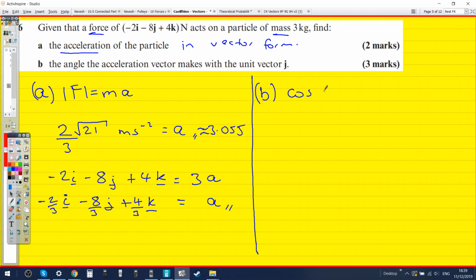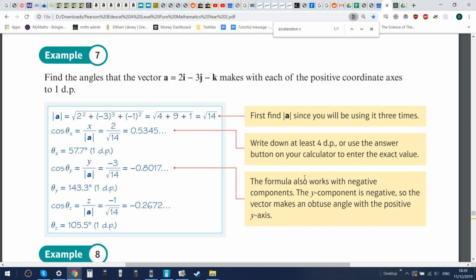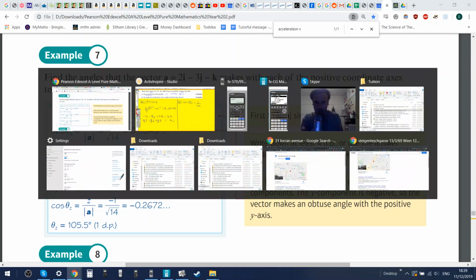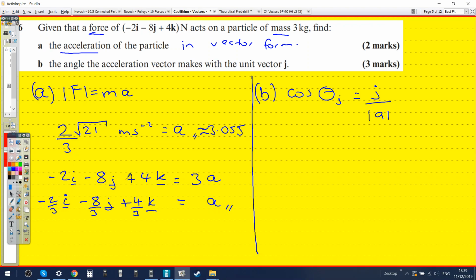So I think it's going to be cos theta of j is equal to j over the magnitude of a. Cos theta y, so there y. Yeah, I think so. So we did need the magnitude.